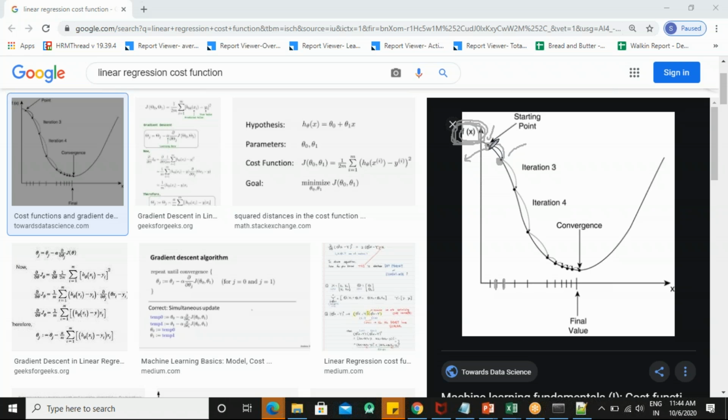The point is how long this jump should be is decided by two things. One is the learning rate, and second is whether it is normal gradient descent, whether it is batch gradient descent, or whether it is stochastic gradient descent, which I asked you guys to read.